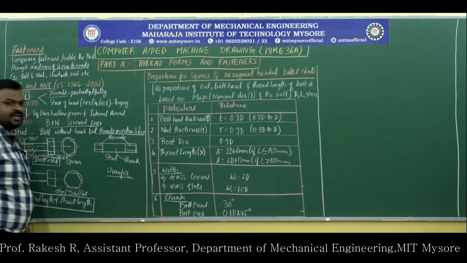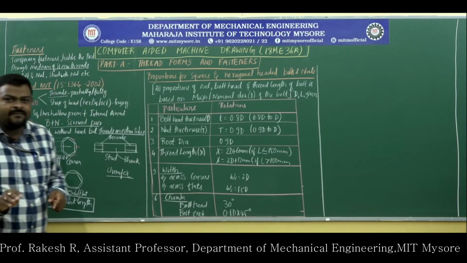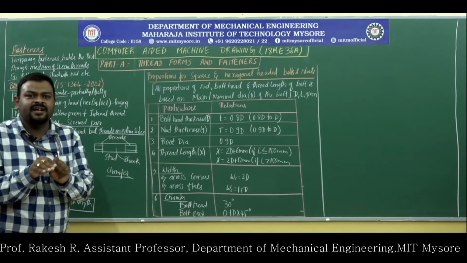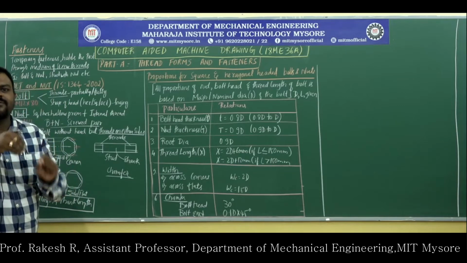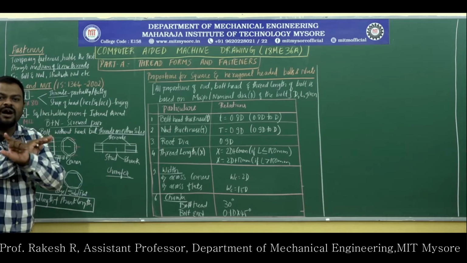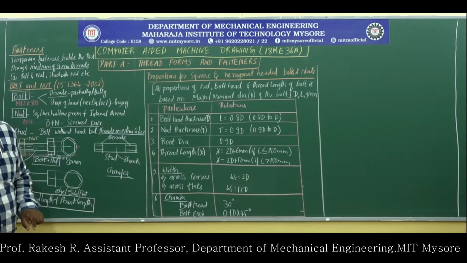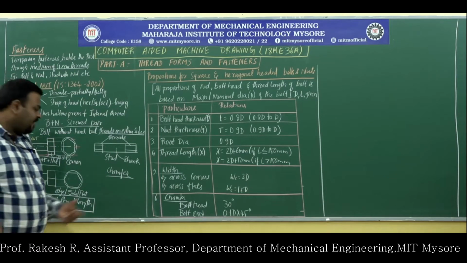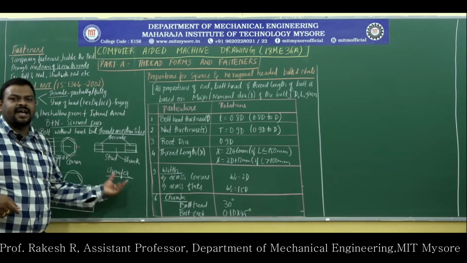This chamfer enables the bolt and nut to have smooth surfaces. Whenever we want smooth surfaces, we need to avoid the sharp surfaces. That sharp surface is avoided using the chamfer angle.